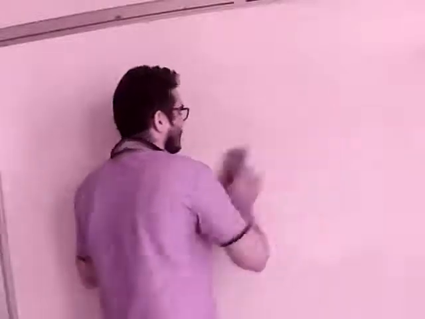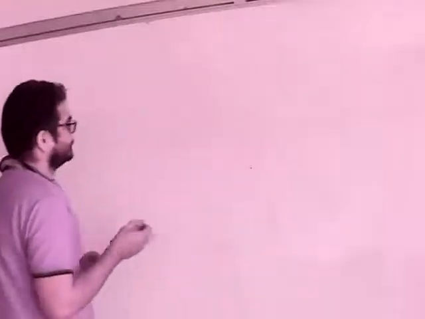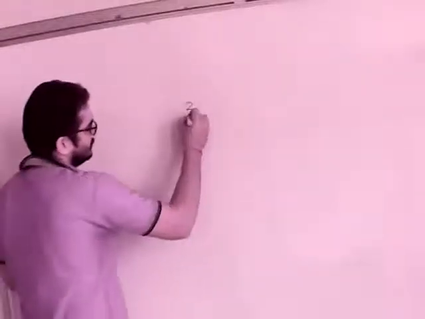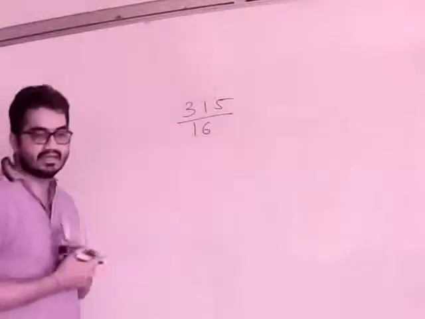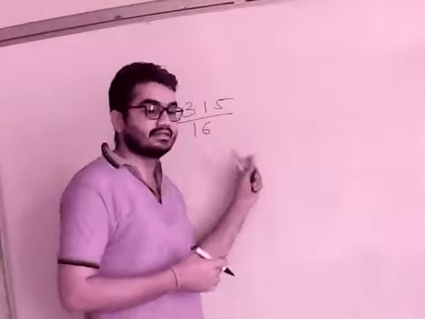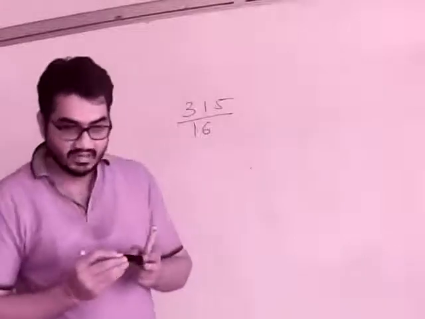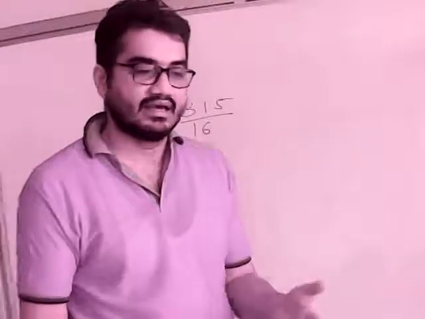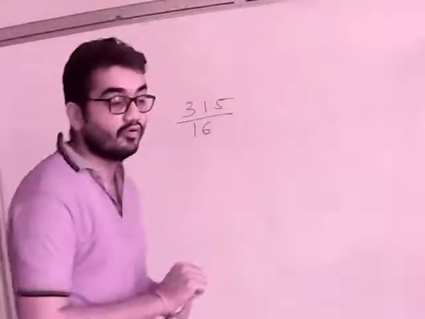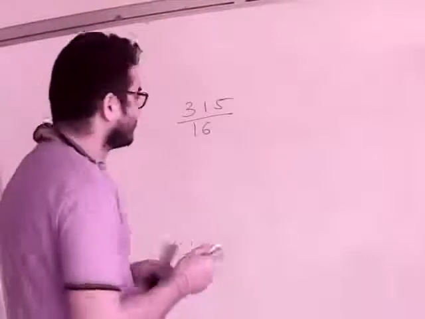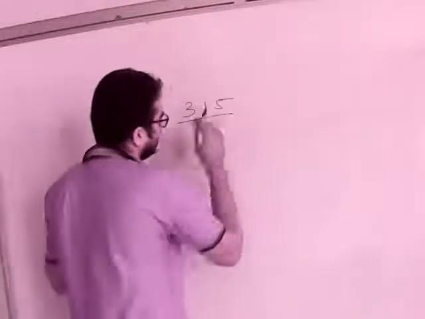We are going to have the first question, that is 315/16. अब इसको हमें पता लगाना है कि ये सम टर्मिनेटिंग है, नॉन टर्मिनेटिंग है, कैसा है वो पता लगाएंगे और चेक करना है हमें कि इसका डेसिमल एक्सपांशन क्या होगा बिना वो भी लॉन्ग डिवीजन किए. ठीक है, तो चलो करते हैं.